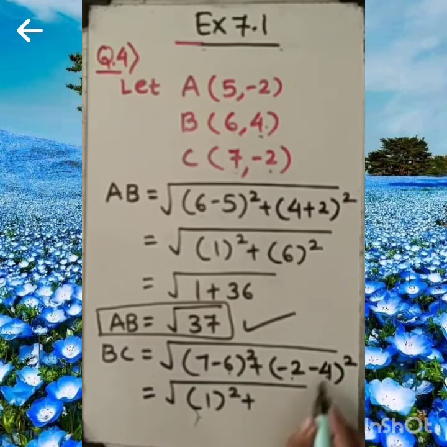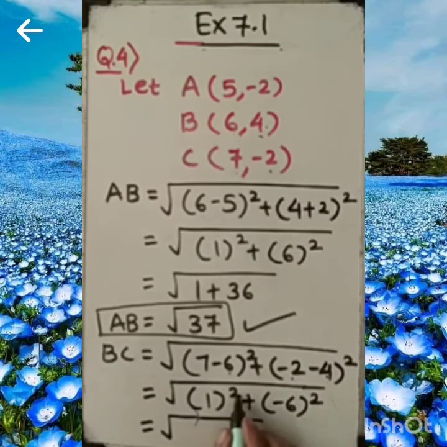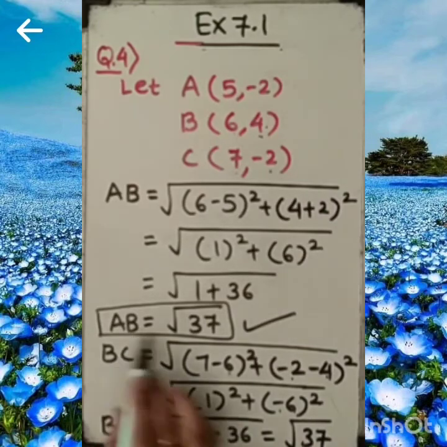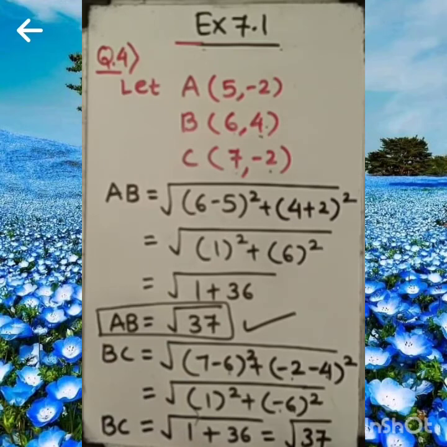Minus 2 minus 4 is minus 6, same sign addition. So it is under root of 1 squared, which is 1, and any negative number squared must be positive, and 6 squared is 36. So again it is coming under root 37. The value of AB and BC stands similar. You can see here AB and BC, they are similar.